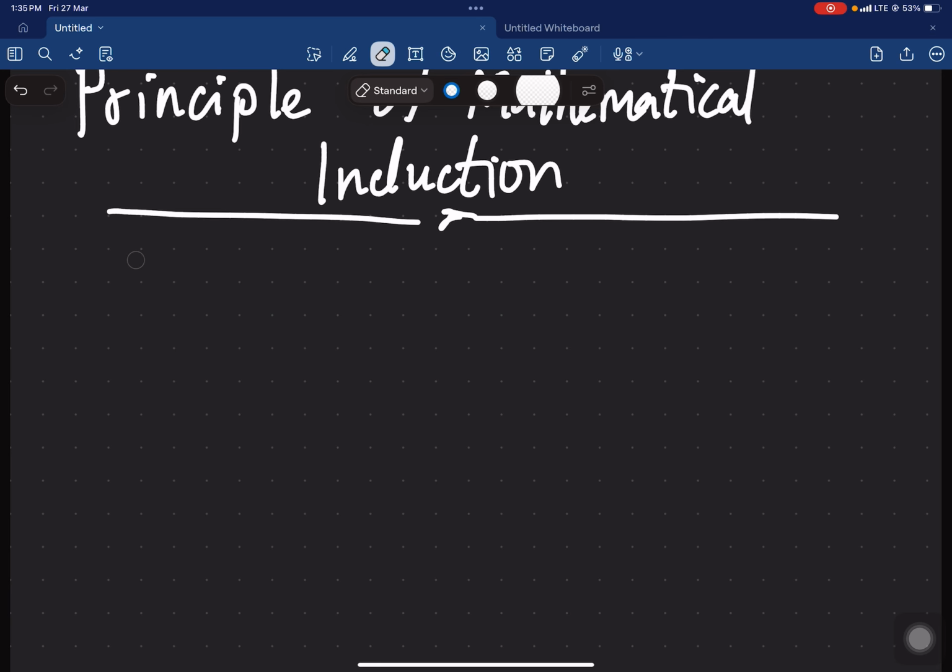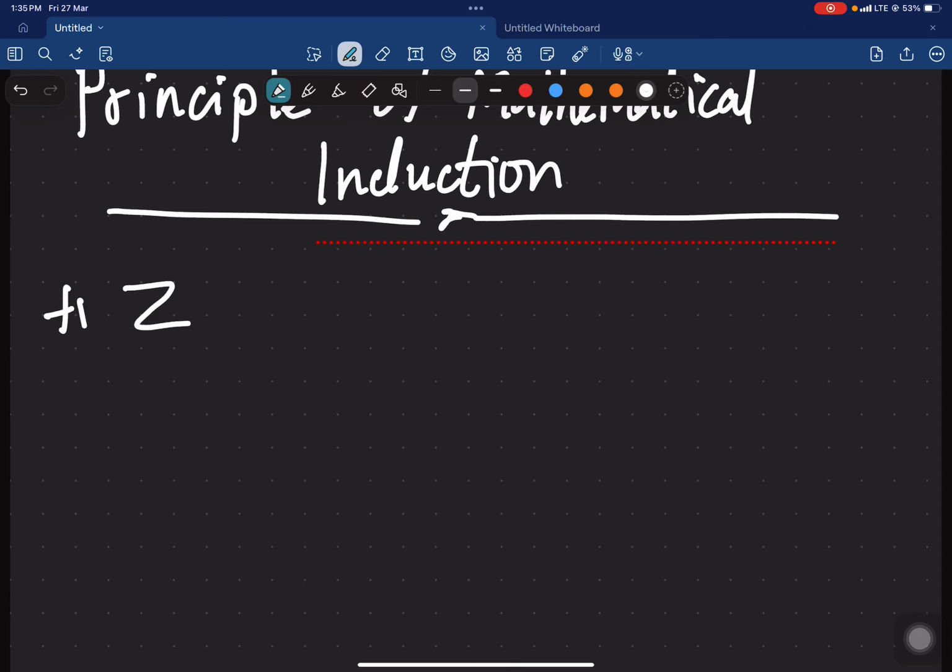Integers, so positive ones. So this is the set on which the principle of mathematical induction applies. Now, what does this help us to do? It helps us in proving statements involving these positive integers, especially when it is known for some numbers in this set.